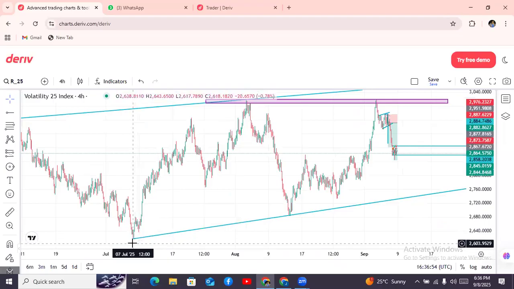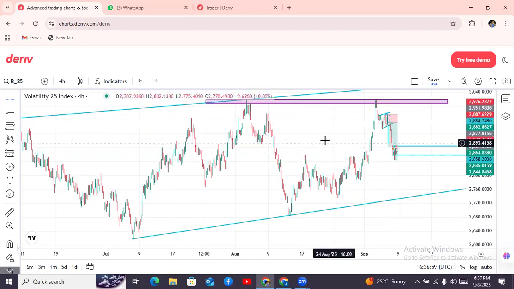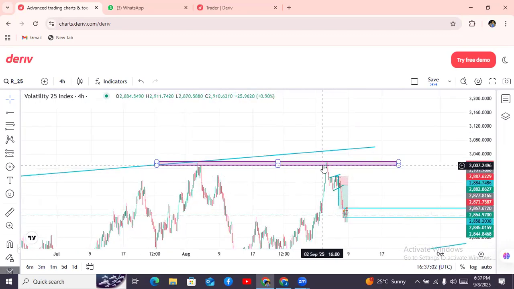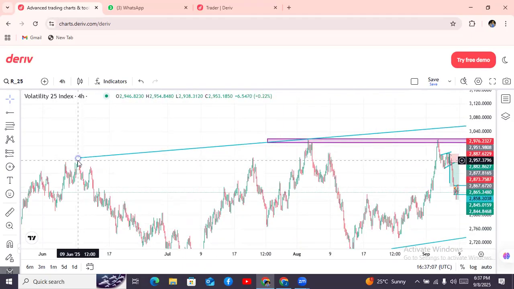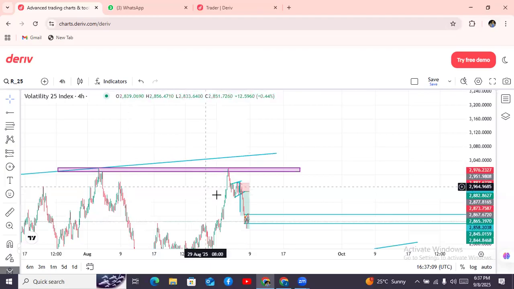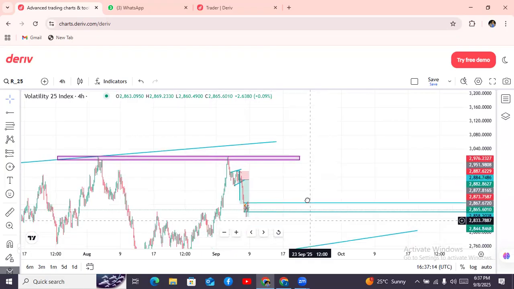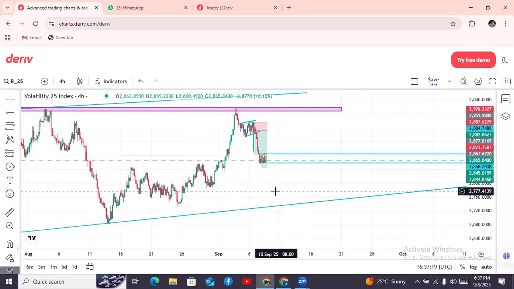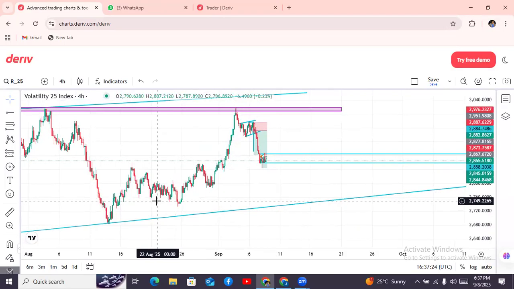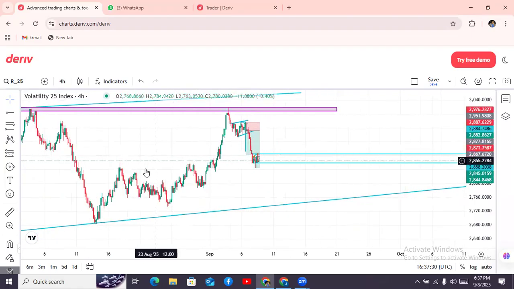It gave us a first touch, a second touch, then it must give us a third touch before you can buy, or it can give us another third touch up there before it can sell again. Three touches are very, very important. So that's why we need to be aware so that we can benefit from that.